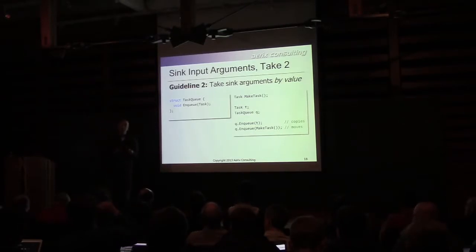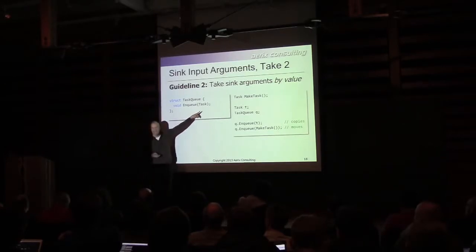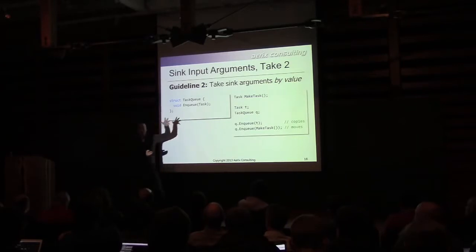So the point was made that when you had an lvalue, you didn't have to make a copy, and you could just call this thing. But now if you have an lvalue, it's going to be copied in, right? Because this is an enqueue function, and that's a sink argument. Presumably you've got some queue inside this task queue object, maybe a vector of tasks.